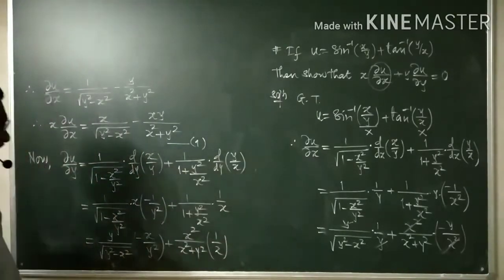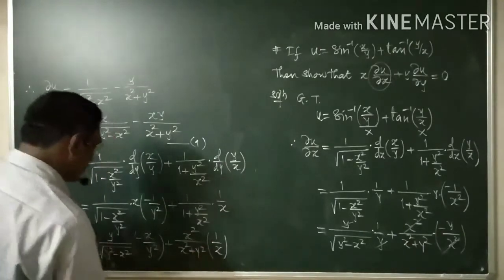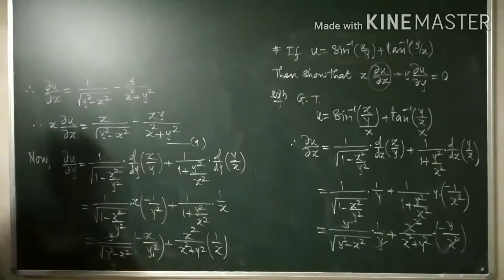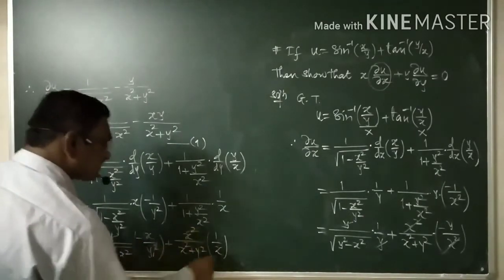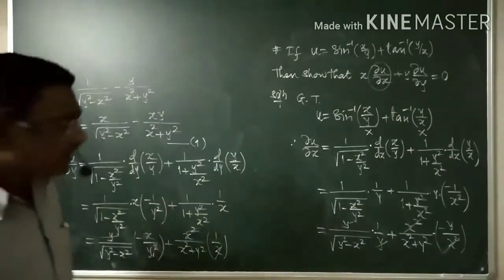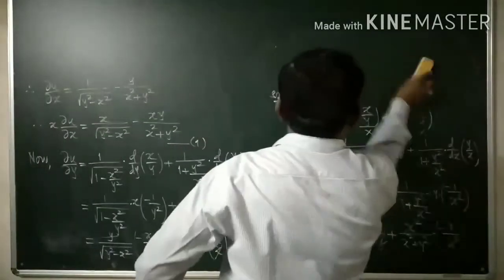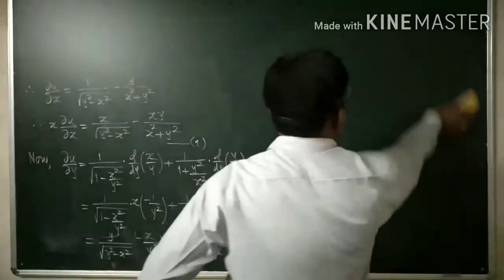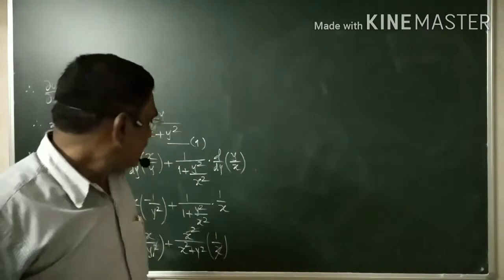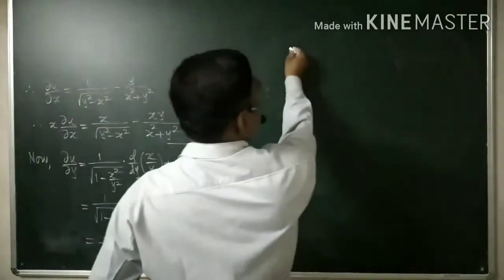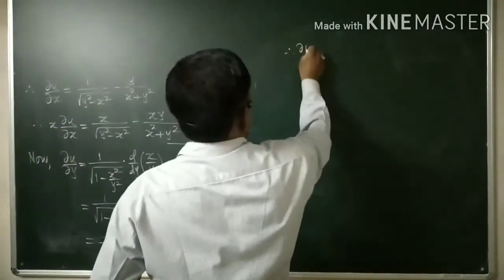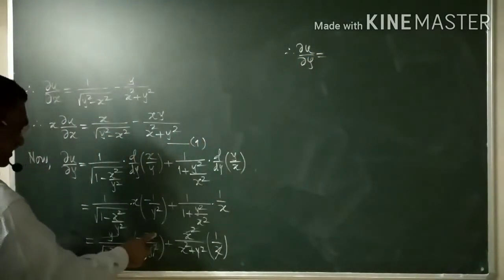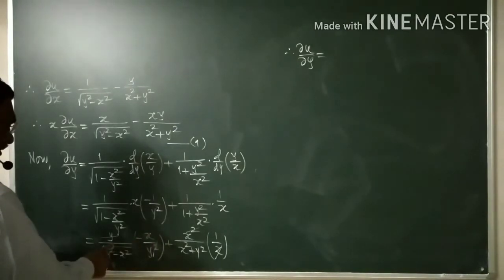So what happened? This y, 1 y cancels with 1 y, and this 1 x cancels with this 1 x. So what we will get is this one. Therefore, let me write here: del u by del y is equal to minus x into this one.